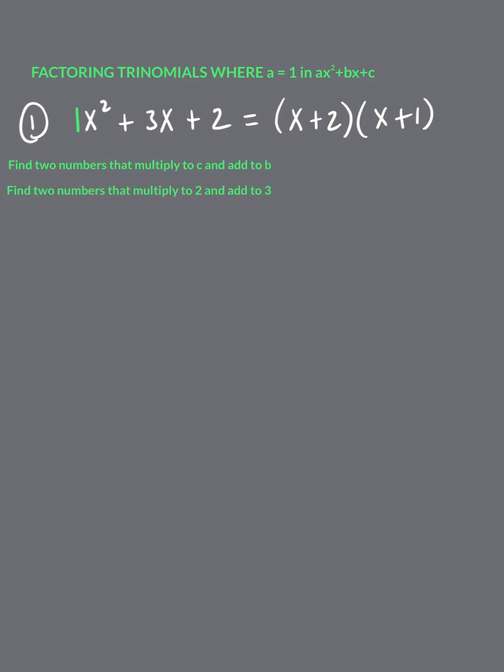Let's multiply it back out to check it, and you can see where this reasoning comes from, that these two numbers are the ones that multiply to 2 and add to 3. So when we FOIL this, we get x times x is x squared, plus 1 times x is 1x, plus 2 times x is 2x, plus 2 times 1 is 2.